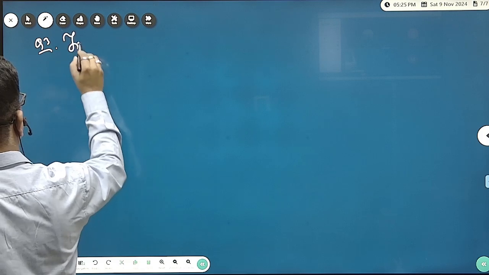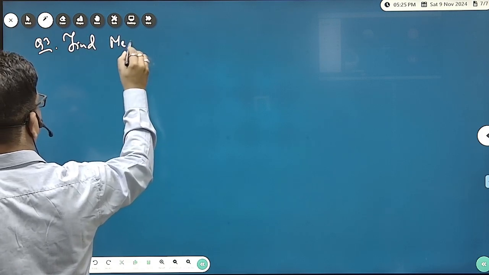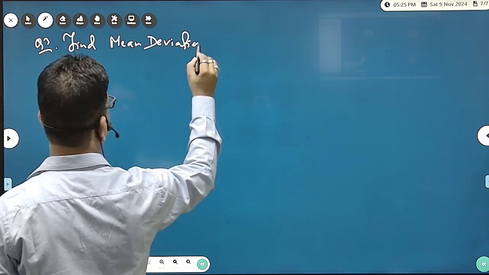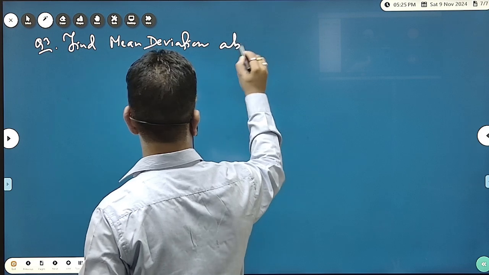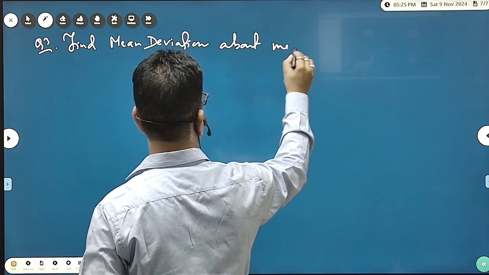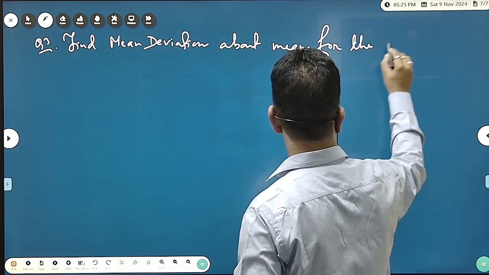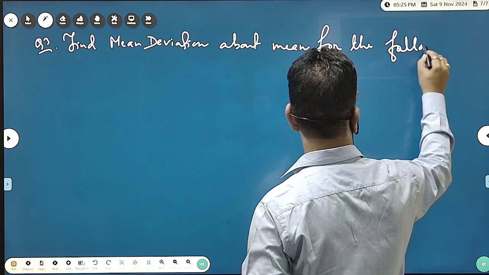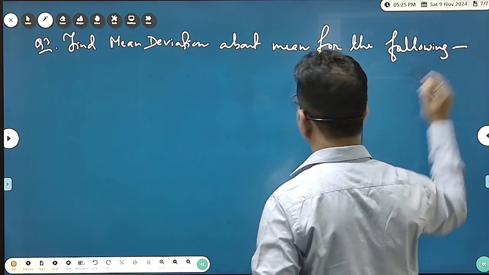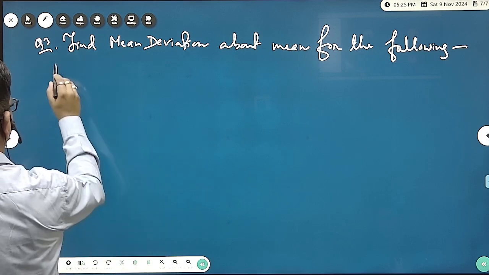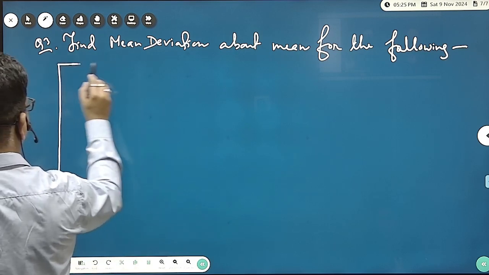Find the mean deviation about mean for the given data. Supposing you have 2 columns.